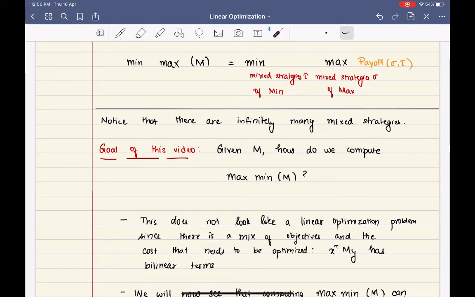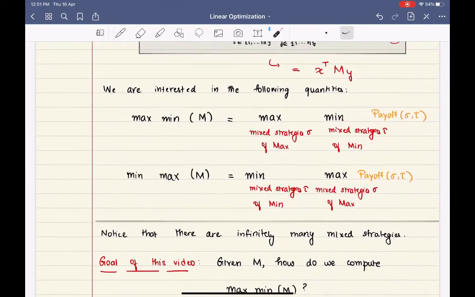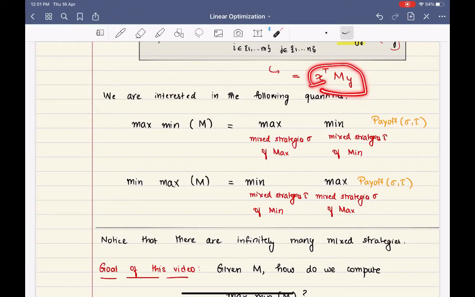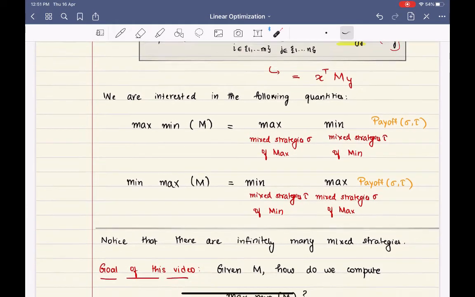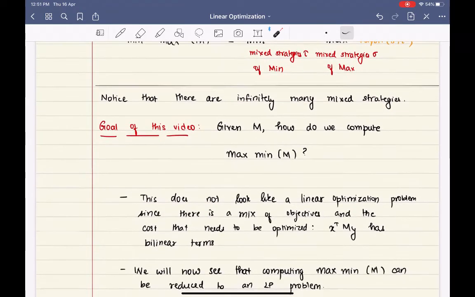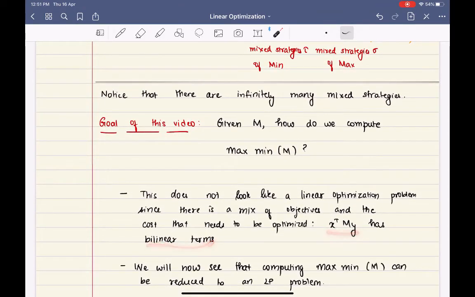But note that this is a max min, so this does not immediately look like a linear optimization problem since there is a mix of objectives. And moreover, look at the cost, the payoff. So x and y are variables, and this thing is not linear, it has bilinear terms.